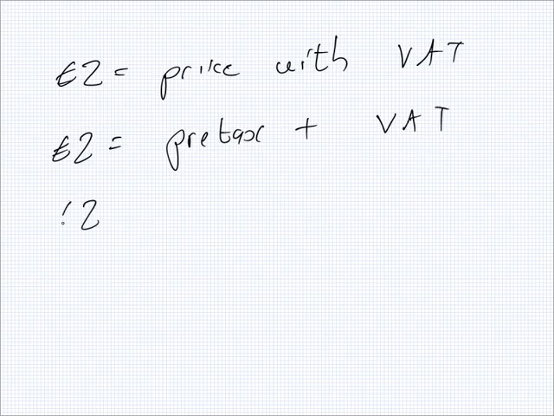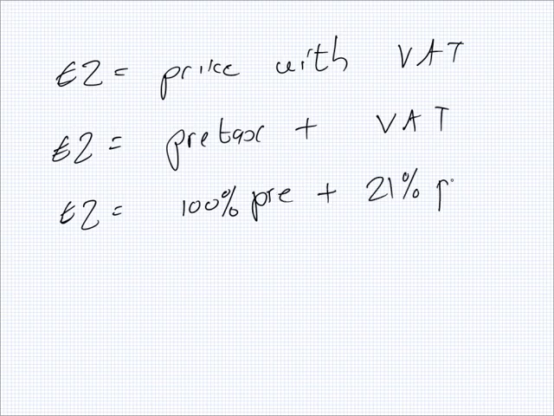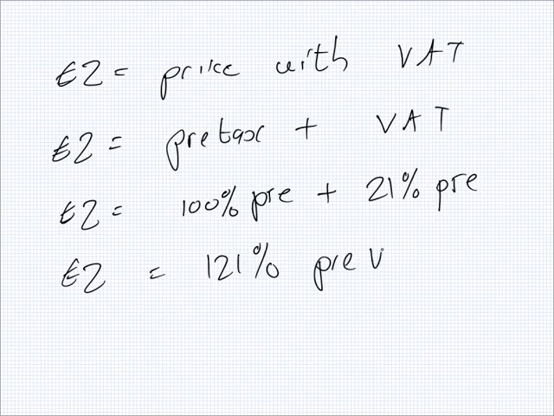So the €2 is 100% of the pre-tax, but then you want to add on 21% of the pre-tax price. In other words, that €2 is 121%. It's not 100%. The tax has already been added. It's 121% of the pre-VAT price.